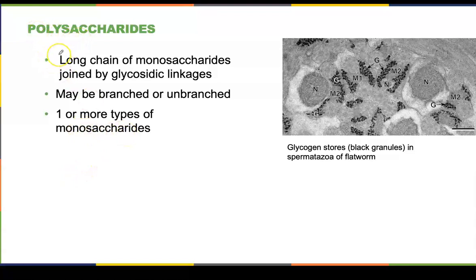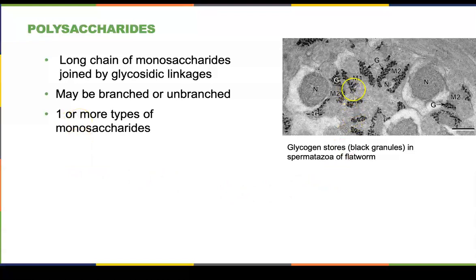So while technically this only has to be at least 3 monosaccharides long, typically this is a very long chain of monosaccharides. And as we've already said, they will be joined together by glycosidic linkages. These chains might be branched or unbranched, and they might have only one kind of monosaccharide, or they might have multiple kinds of monosaccharides included.